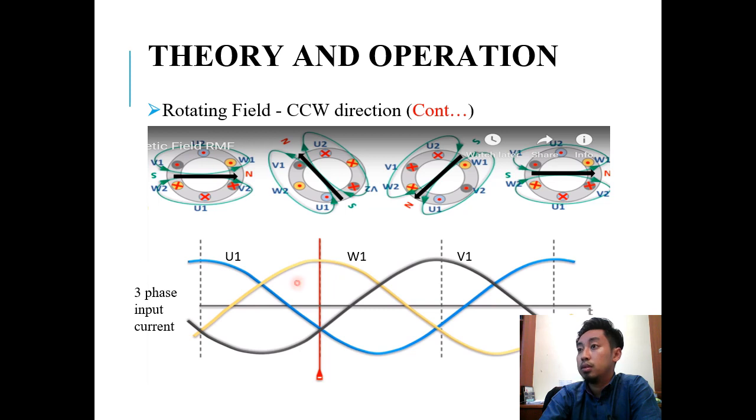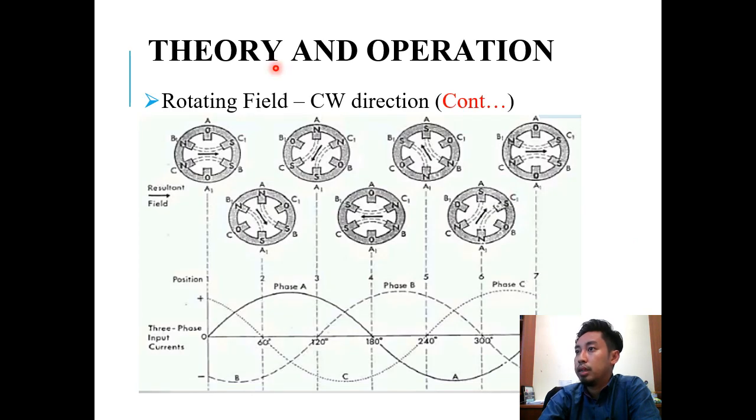This is the rotating field in the counterclockwise direction. You can refer to the YouTube video on how the rotating field rotates counterclockwise, and this one for the clockwise direction.